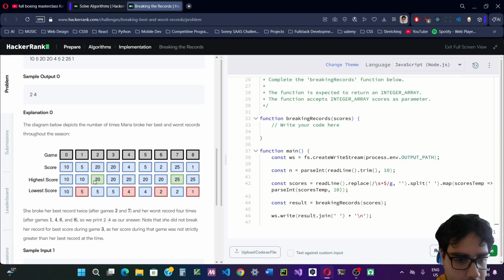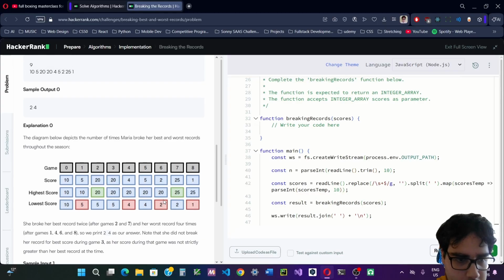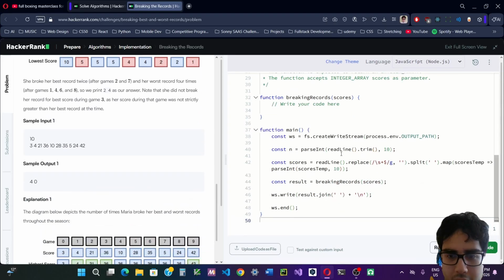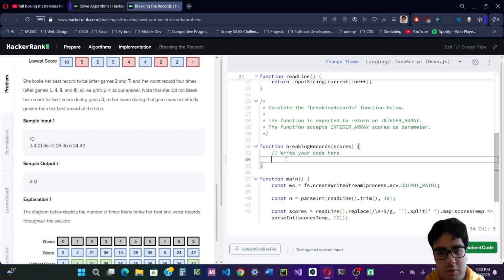Then 20, 20, 22. The lowest score 10, 5, 4, so 2 and 1. It's basically the amount of times we change the min and max. How many times do we change the min and max?